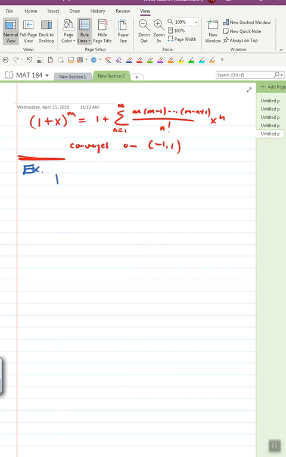Okay, if I wanted to look at a very weird function, and this will give you an idea of why this theorem is pretty useful. Let's say I wanted to look at 1 over the square root of 1 plus x. Of course, the first thing I notice is that's (1 plus x) to the -1/2.